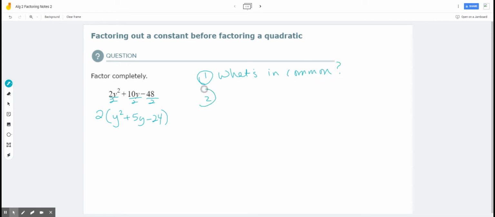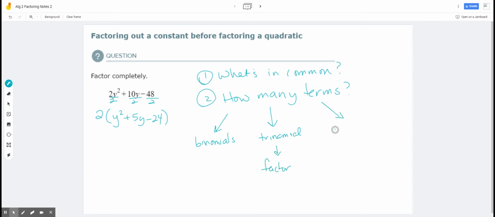The second one is how many terms, and this is going to inform what you do next. If it's a binomial, you're going to do a certain thing, but we haven't hit that yet. We'll talk about the only binomials that you can factor later. If it's a trinomial, you are going to try to factor it.